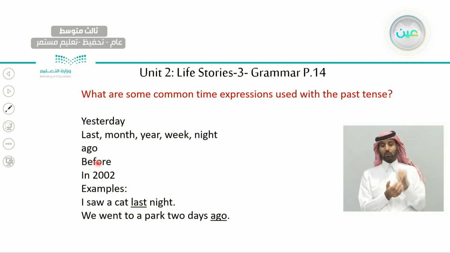We have before, in 2002, in 1998. So you specify a year in the past. For example, I saw a cat last night. So this is a time expression. We went to a park 2 days ago. So you specify when did you go?